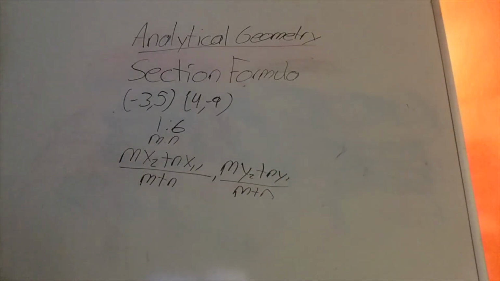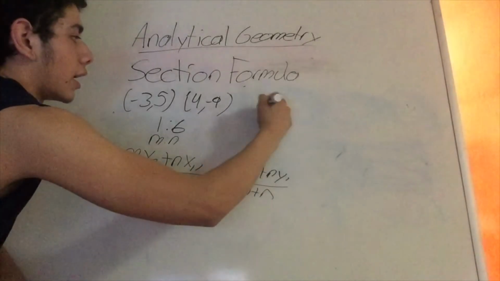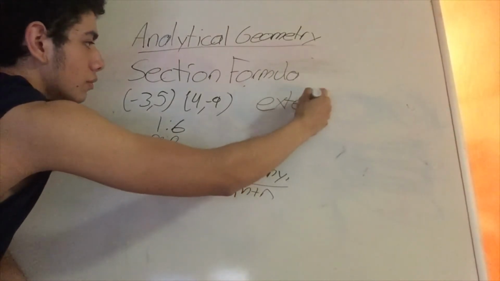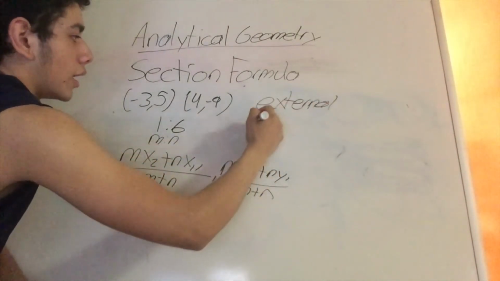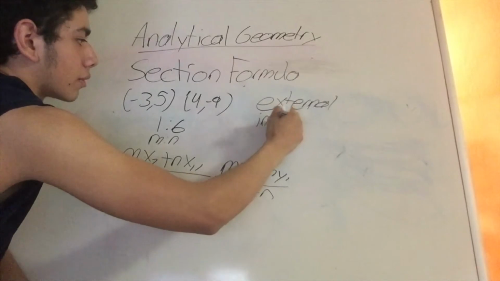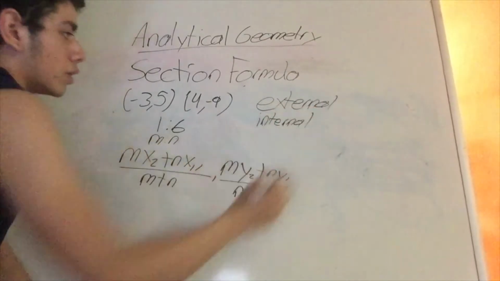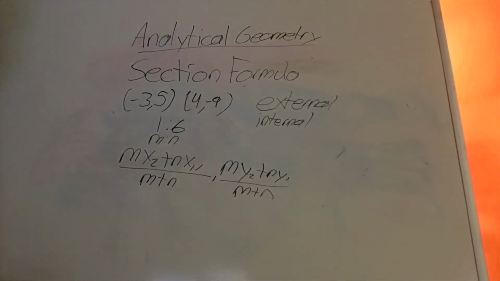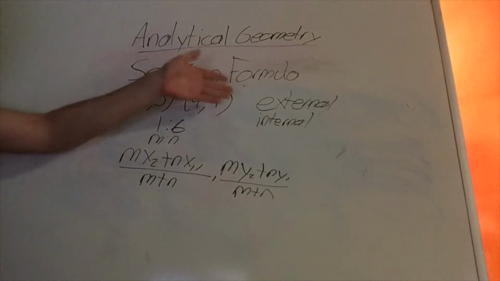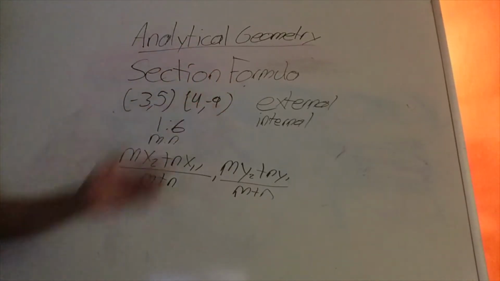So here's where it gets tricky. When they ask for a section formula, they usually mention 2 words called external and internal. So when they give you a problem, they'll give you the coordinates, the ratio, and at some point they will describe if they want it in an external or an internal way.